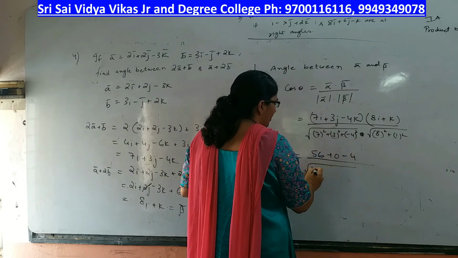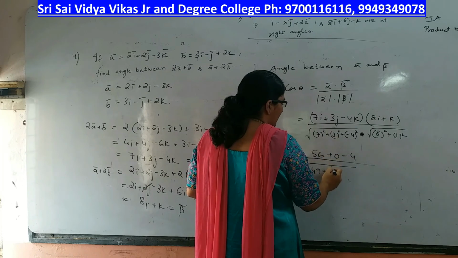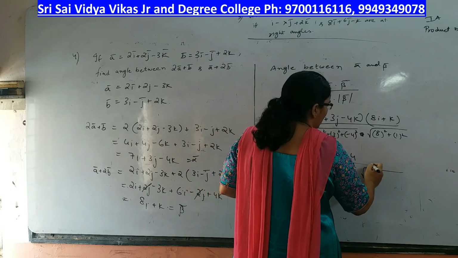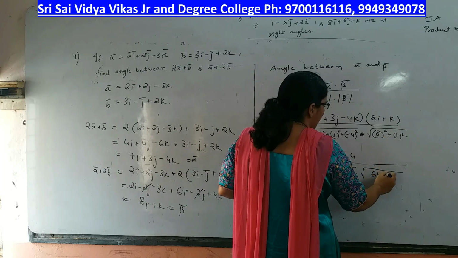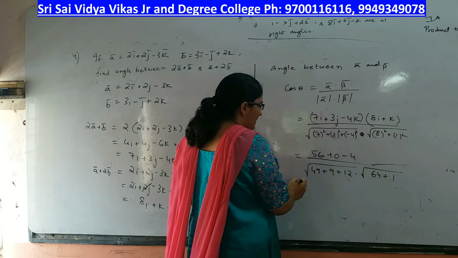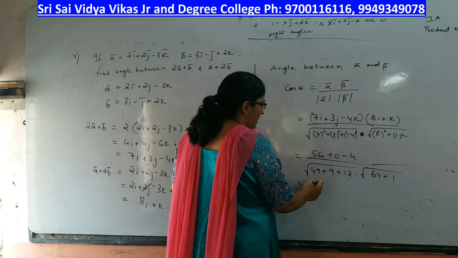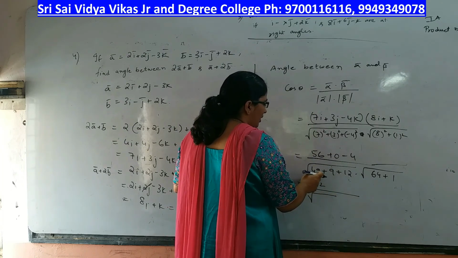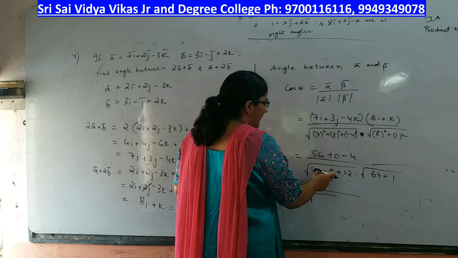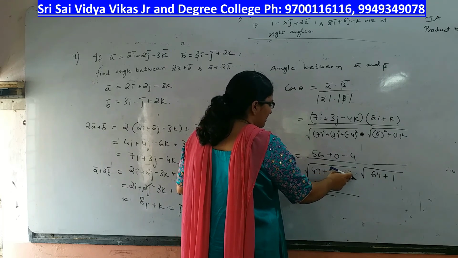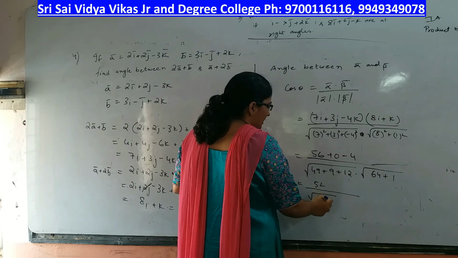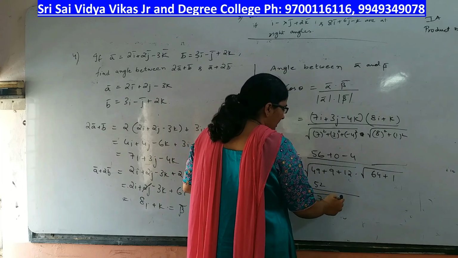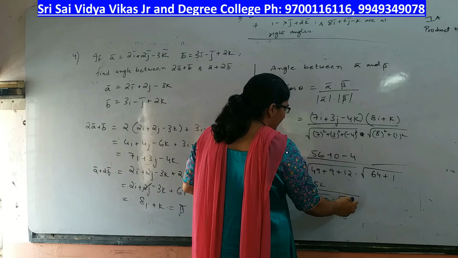under root of 49 plus 9 plus 16 into root of 64 plus 1. So that is 56 minus 4 will give you 52 by under root of 49 plus 9, 58, plus 16 is 74, into root 65.